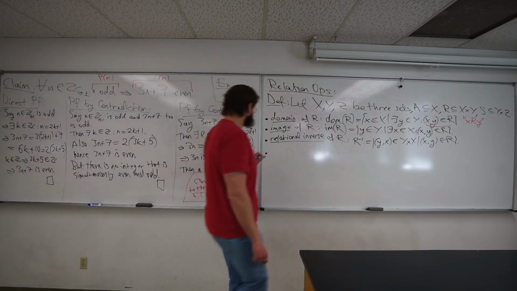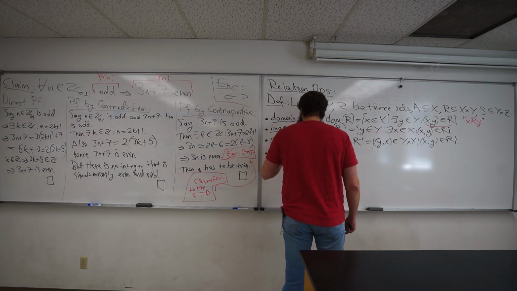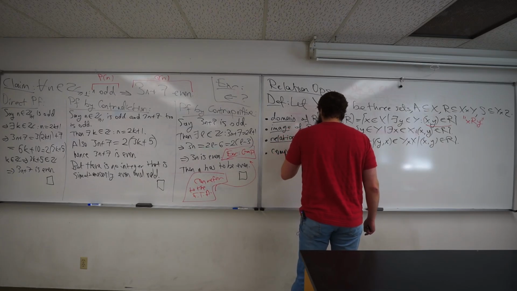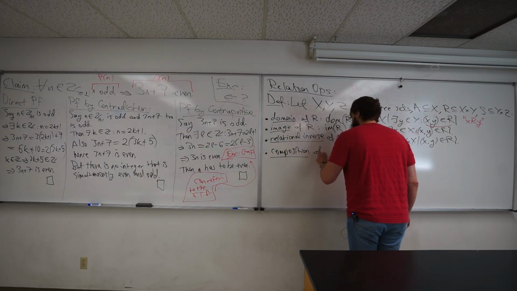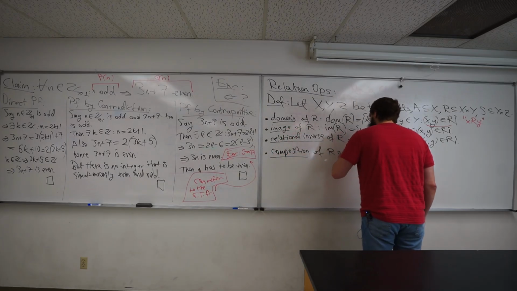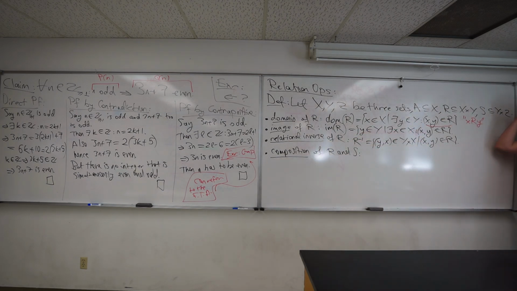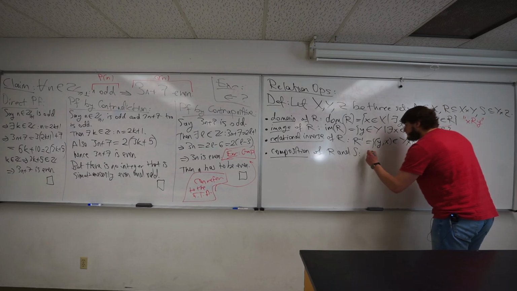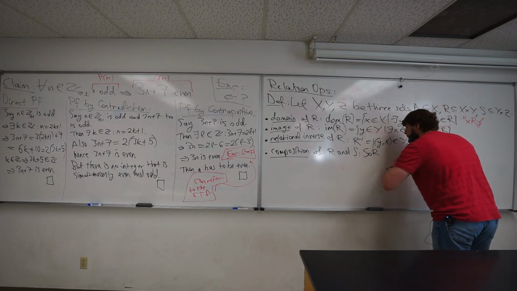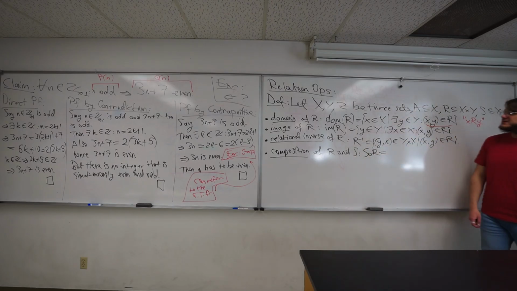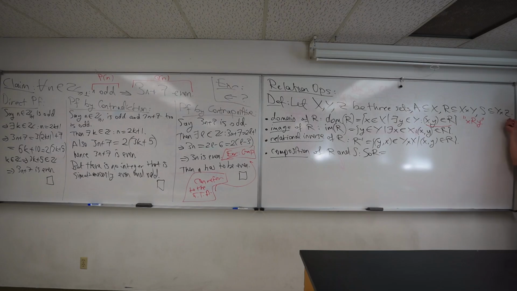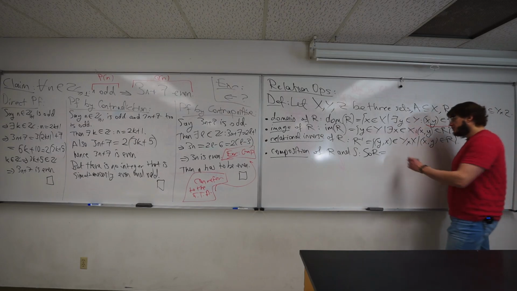Composition of R and S. So far I haven't been using S, now I want to use it. I'm going to denote this composition by S o R. And now this is going to be a relation from X to Z. You get rid of the middle term.